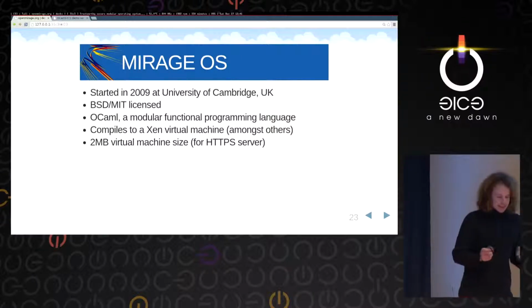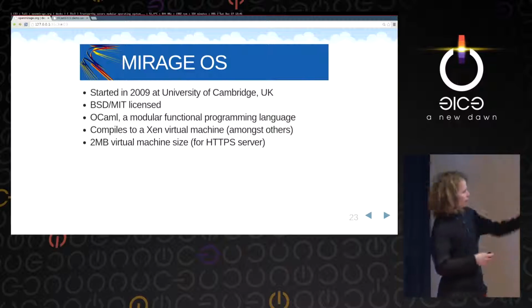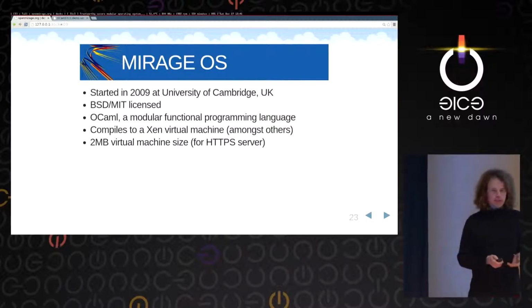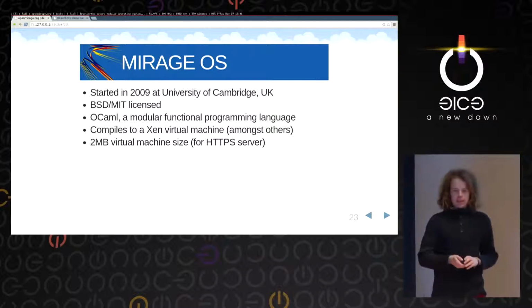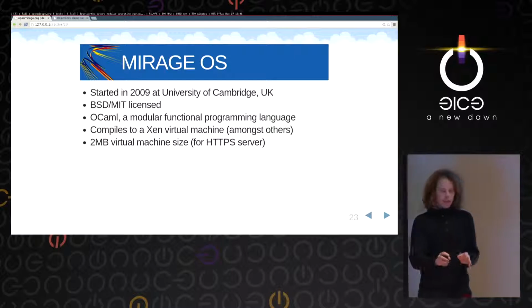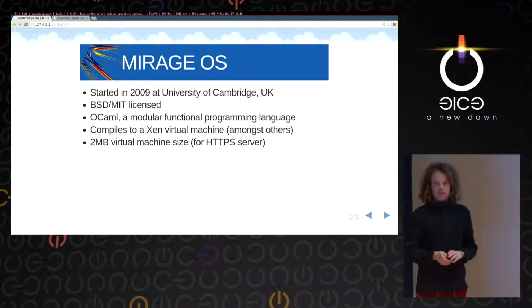The size of that virtual machine image is roughly 2 megabytes in that example, for an HTTP server also serving sites over TLS, so an HTTPS implementation. So all the crypto, all the HTTP, all the TCP/IP, and all the layers up to the scheduler, and whatever you think is inside of that image or is done by that image.